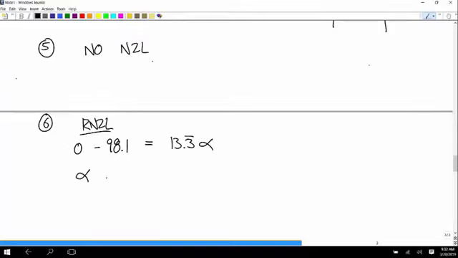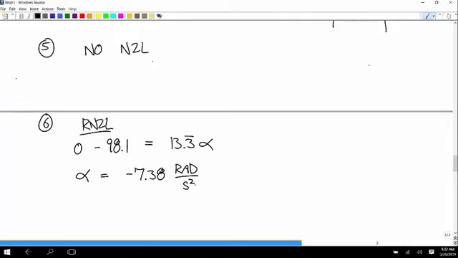And so we can calculate alpha. It's equal to negative 7.38 radians per second squared.